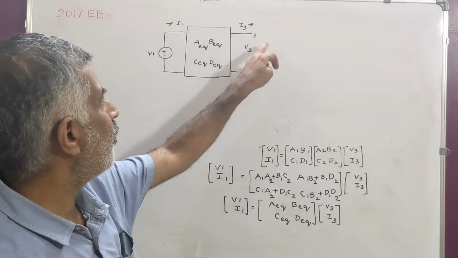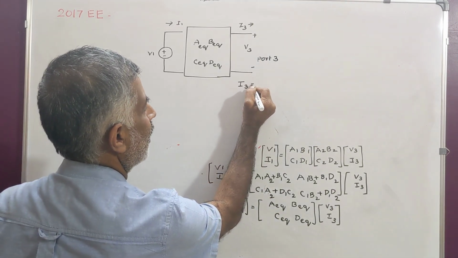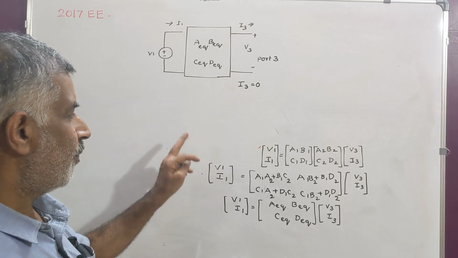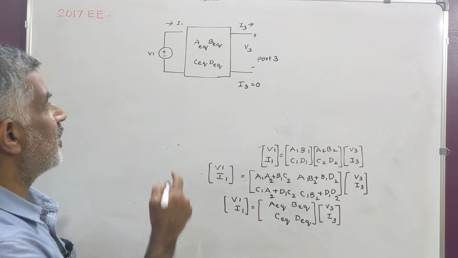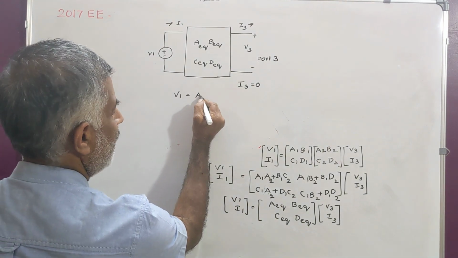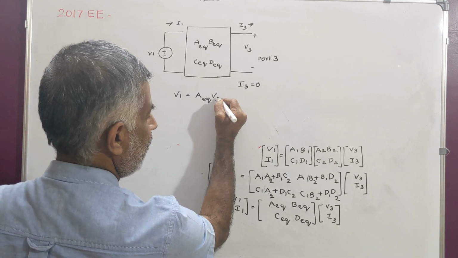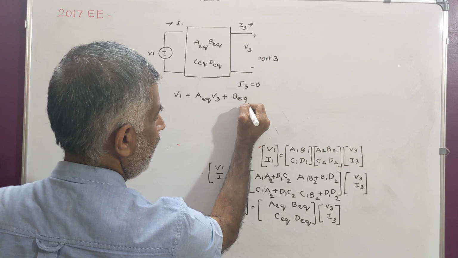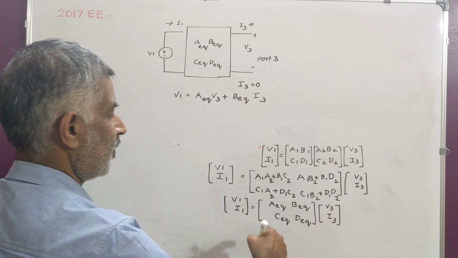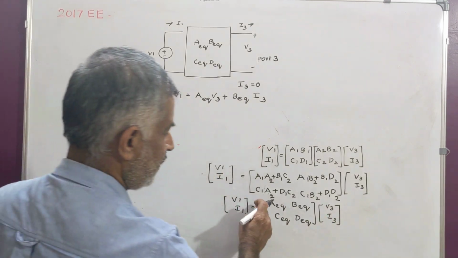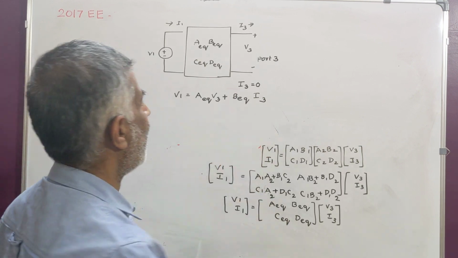When open circuiting port 3, I3 becomes 0. Therefore, in this equation, I will write only the first equation: V1 is equal to A equivalent into V3 plus B equivalent into I3.